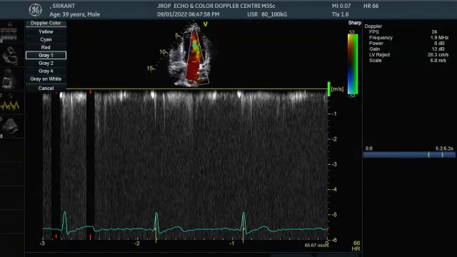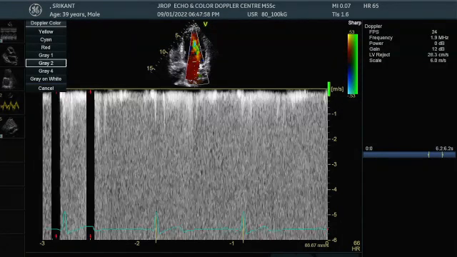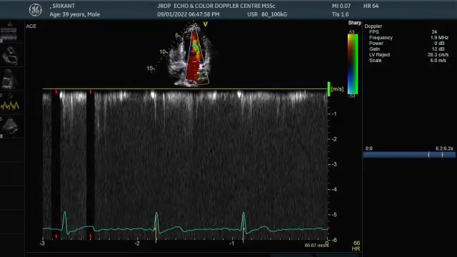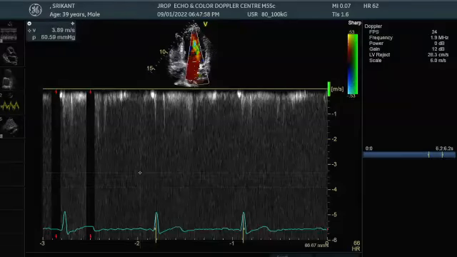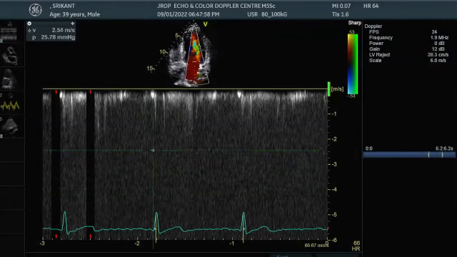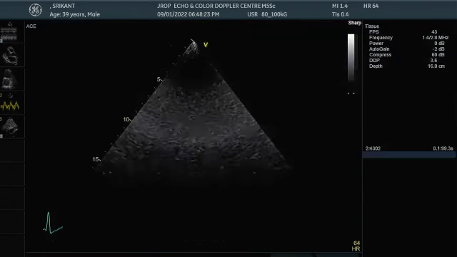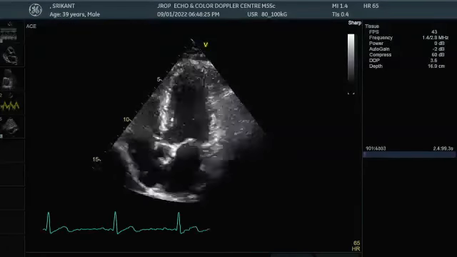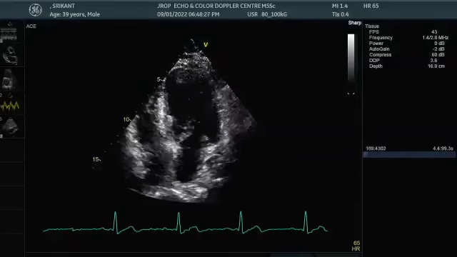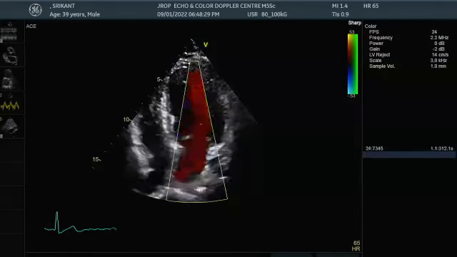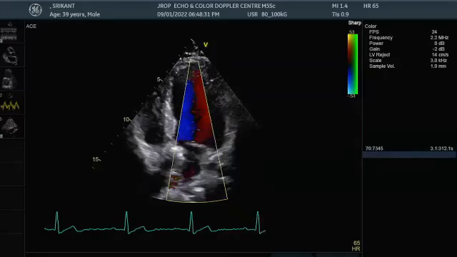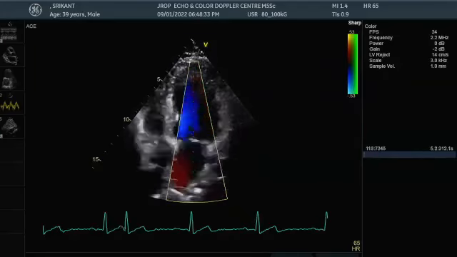Now look carefully. This is the tip of this MR jet, somewhere over here. I'll go back again to get a better MR jet gradient. So I'll keep my cursor into the neck of MR jet.